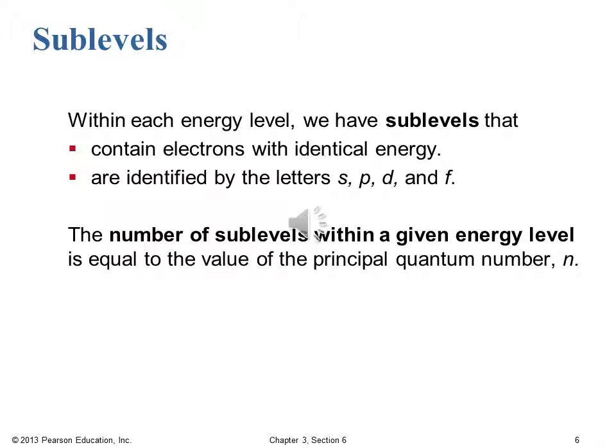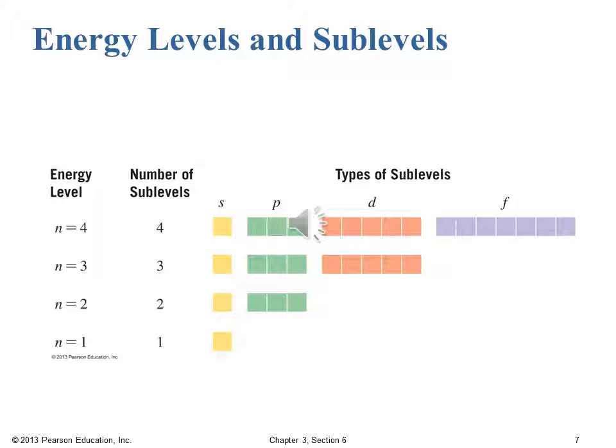As we go up it increases, but things get a little tricky once we go into n equals 3. Here we have a nice graphic of that. For n equals 1, we have 1 sublevel, the s-type sublevel. For n equals 2, we have 2 sublevels, s and p. For n equals 3, we have 3 sublevels, s, p, and d. And for n equals 4, we have 4 sublevels, s, p, d, and f.